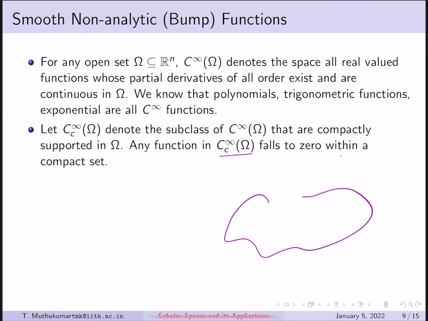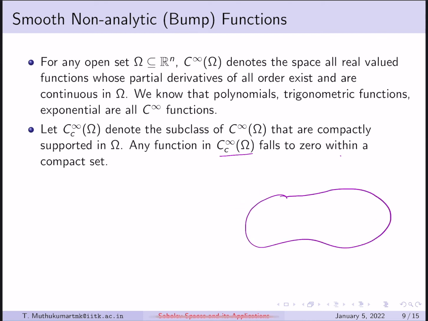Suppose this is omega, and suppose this set K is the compact set.